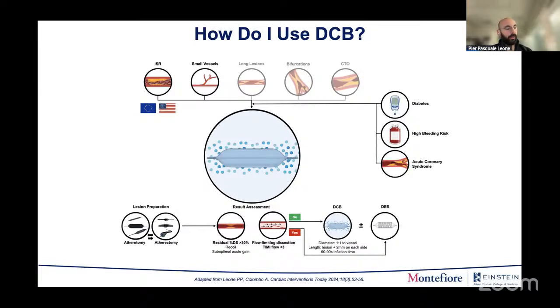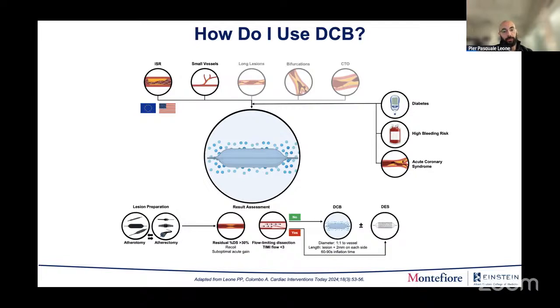Normally, this has been discussed plenty of times by experts, including Dr. Deeb and Dr. Scheller from Germany, and a whole team of historic people who tried to understand what a good cutoff is in terms of percent diameter stenosis, such that if we reach that level, the probability of restenosis in the treated segment is low.